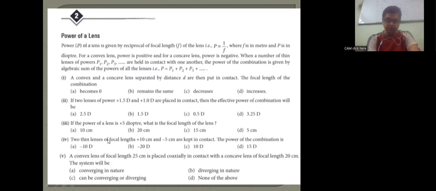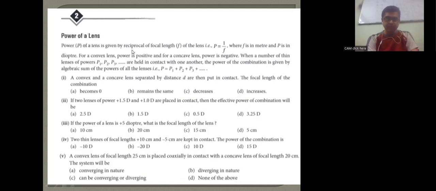Fourth, two thin lenses of focal length plus 10 centimeter and minus 5 centimeter are in contact. The power of the combination will be. Fifth, a convex lens of focal length 25 centimeter is placed coaxially in contact with concave lens of focal length 20 centimeter. The system will be. Student, ये आपकी combination of lenses के ऊपर question है.